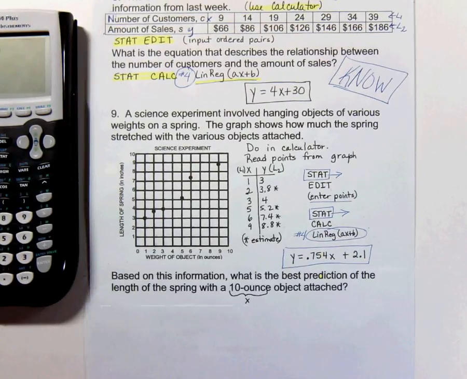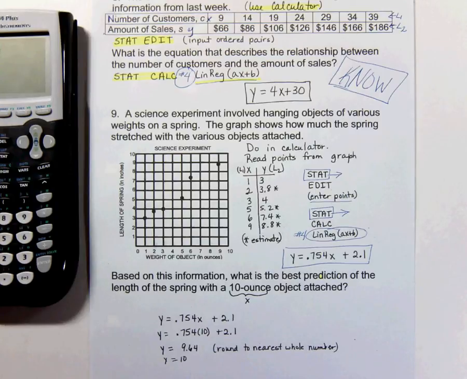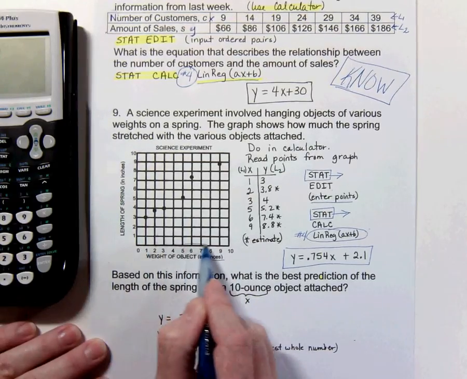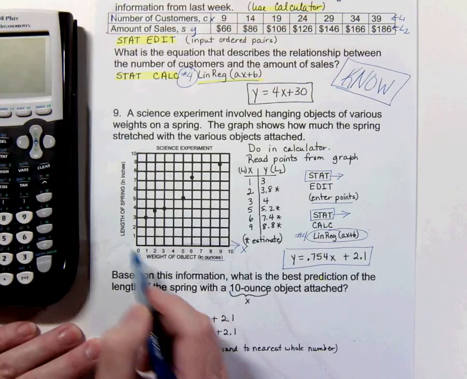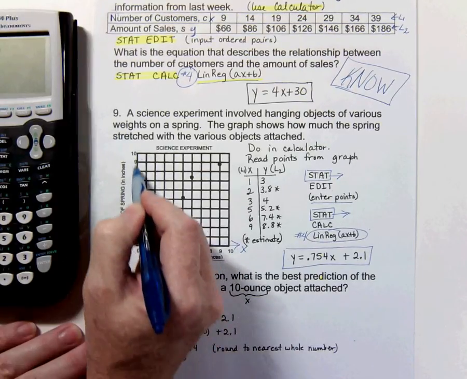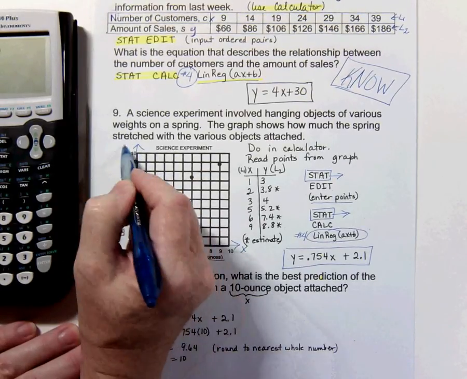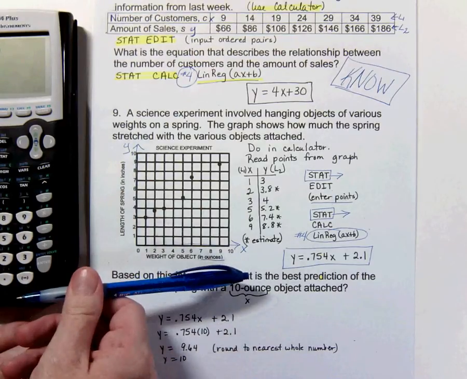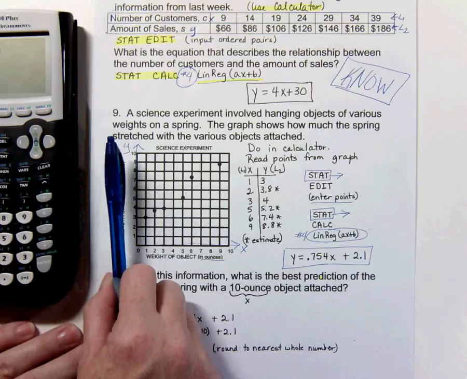Okay, the last thing on this says, based on this information, what's the best prediction of the length of a spring with 10 ounces? Well, if X represented our ounces, because in ounces, this is my X-axis, this is the Y-axis. So even though they've used a word problem here, we're still looking at a graph where you have your X values and your Y values.